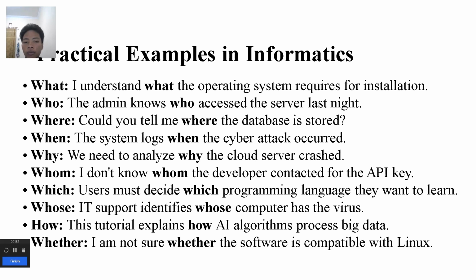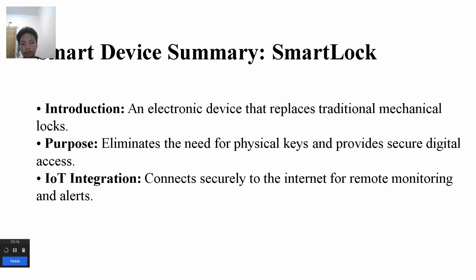Ninth, how? Example, explain how I process data. And last, tenth, whether. Example, I'm not sure whether it's compatible with containers. As you can see, this clause acts as the object of the sentence, providing clear information about technical objects.